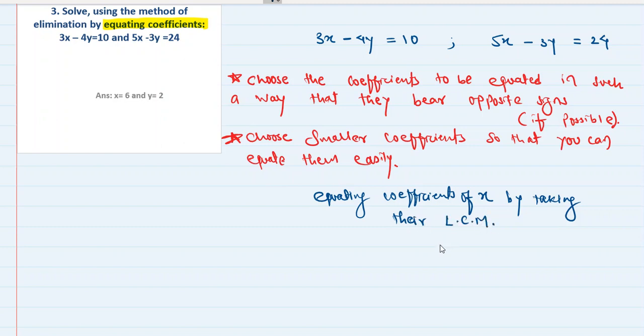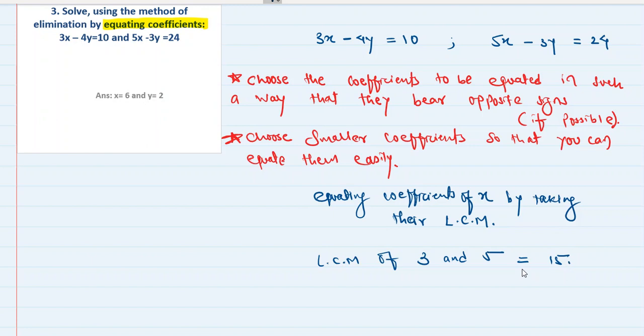What is the LCM of 3 and 5? The LCM of 3 and 5 is equal to 15.